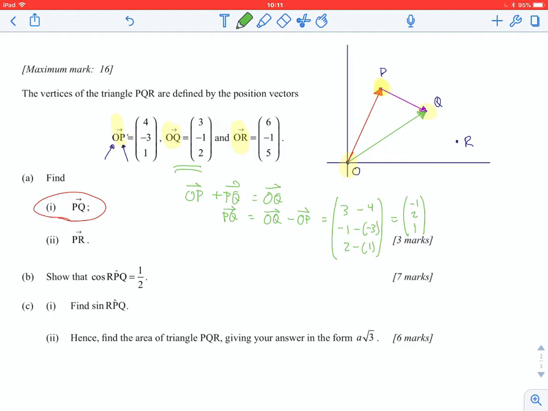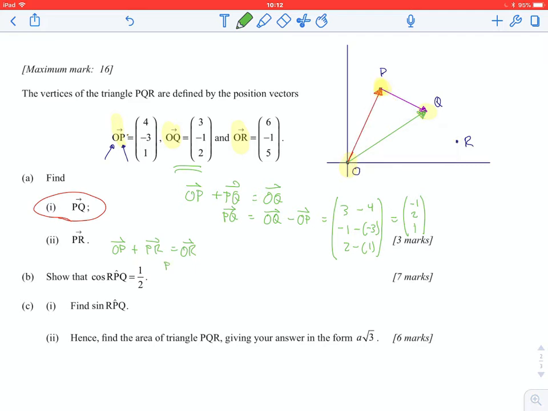We can also find vector PR. Now, in a similar way, we can draw these vectors out. Vector OP plus vector PR is going to be equal to vector OR. This is the same arrangement as what I drew for OP, PQ, and OQ.